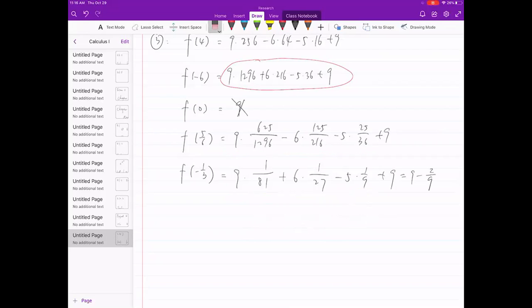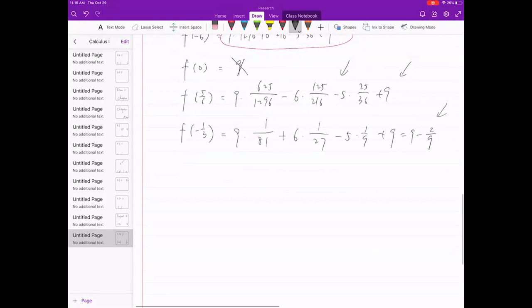Now these two, which ones? This one is smaller or this one is smaller? Please let this one be positive. Okay.